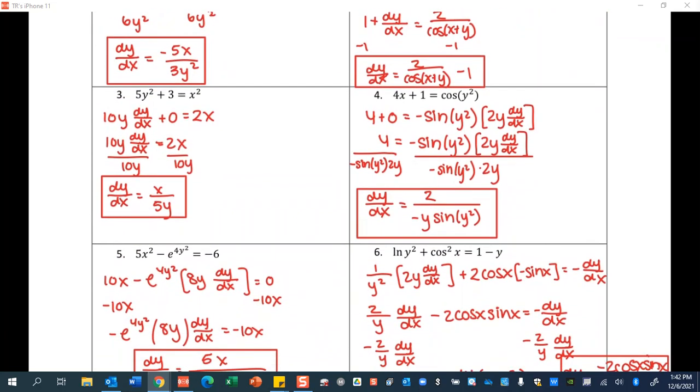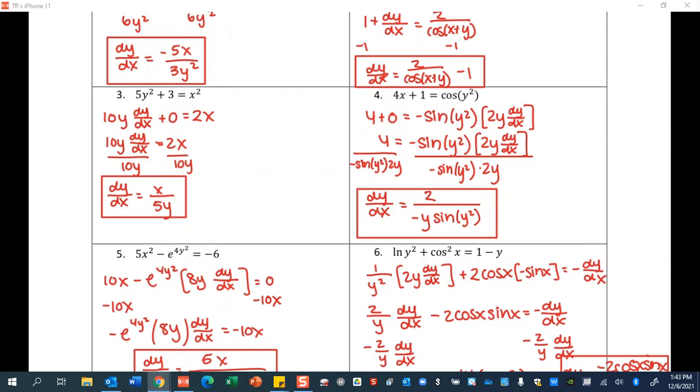When we look at 3, true or false? If you wanted to, you could subtract 3, divide by 5, take the square root, and do the derivative the old-fashioned way. Can I solve for y? Yeah, you can.